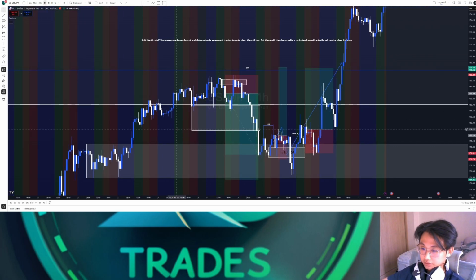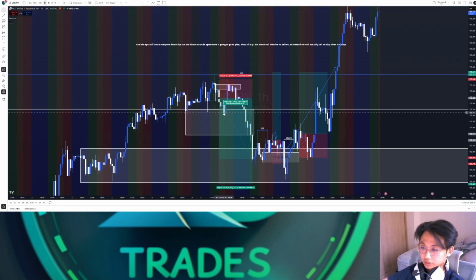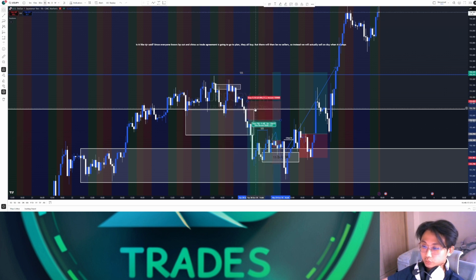But in this case here, we don't really have to wait for this bullish leg here which created the 1 hour bearish OB to be fully mitigated. Because if we were to wait for that, right, then our price positioning will be somewhere around here, and then we won't be sure on where to put our stop loss, right, because we don't know how much price will retrace to fill in the imbalance of the fair value gap.